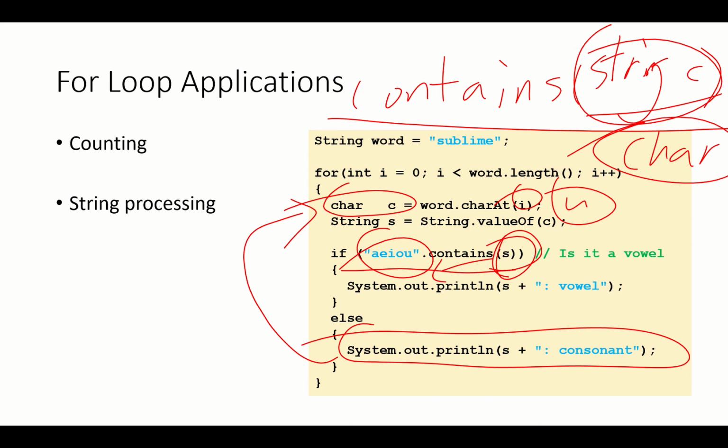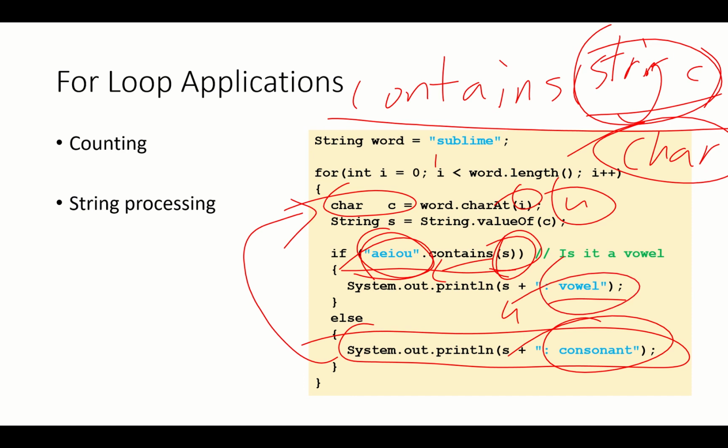Okay, so U is included there, so U will print out. So U is the vowel. So the result, for every character in the word, it helps you determine whether it is a consonant or a vowel.